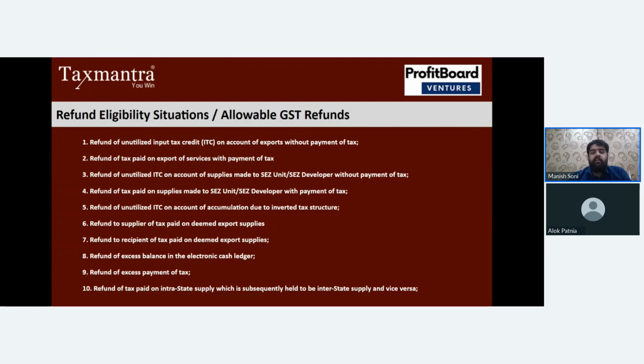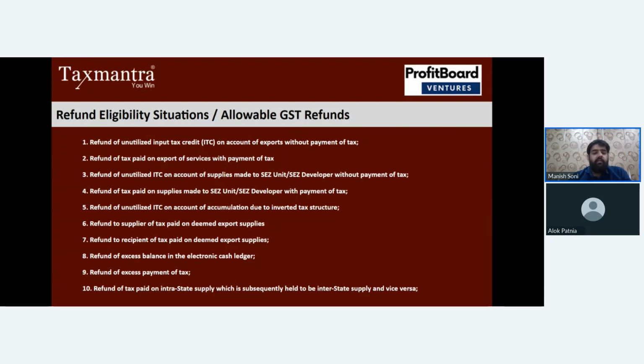The other one is where you export goods and services and you do not charge any taxes, and you also need to have a LUT, letter of undertaking, for that. In that case, you are 100% eligible to get the refund claim, but that will obviously depend on the calculations of your adjusted total turnover. That we will talk about in the later half of the session.